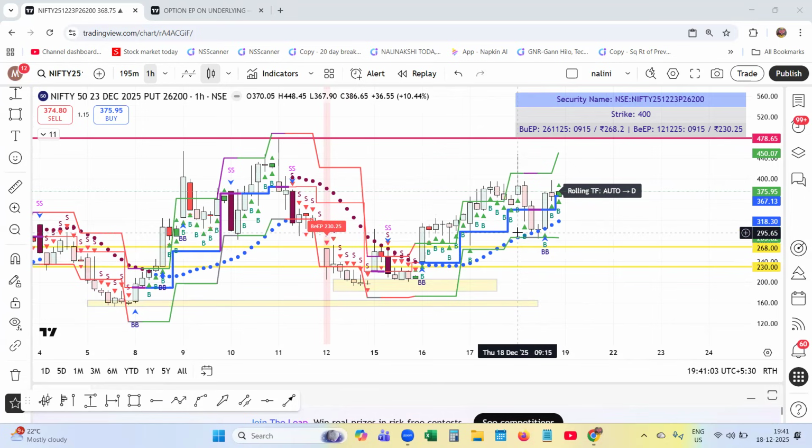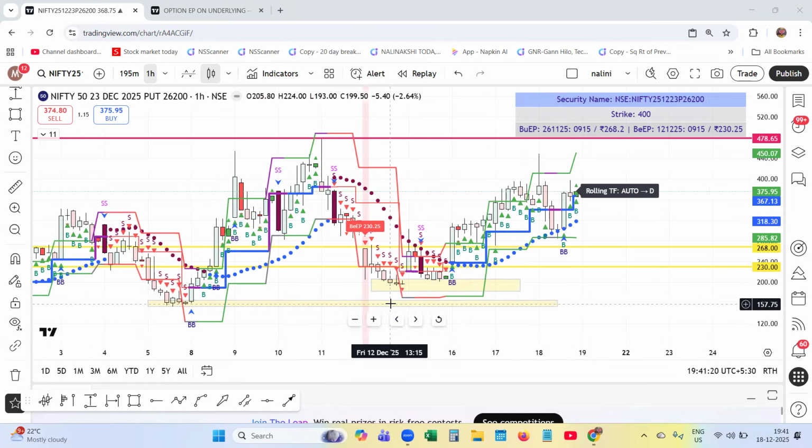With confirmation, you are going to take the trade. With the help of the rolling pivot, when the price stays above the Gann Hilo on the rolling pivot, you are holding the position. You are not fearful of the theta decay. You are entering into the option at the lowest price with the help of the EPs.